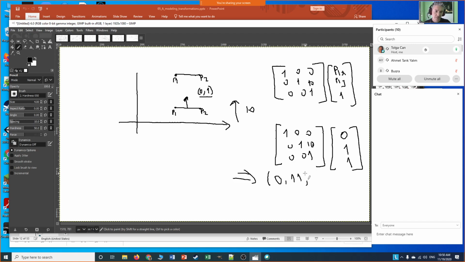Actually, it doesn't change anything here. If you move in the normal direction, nothing changes. It's now 0, 11. It's still the same vector. It's just scaled. You can normalize it, and if you turn it back to normal size, it will become 0, 1 again. This is not a problem if we moved in the normal direction.